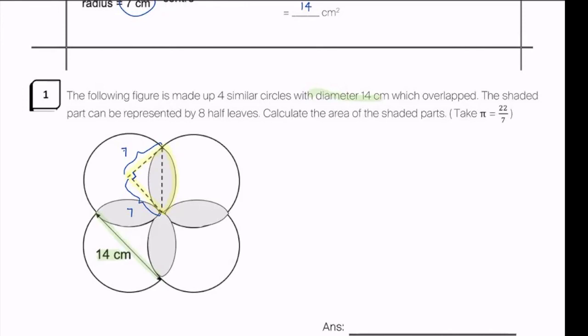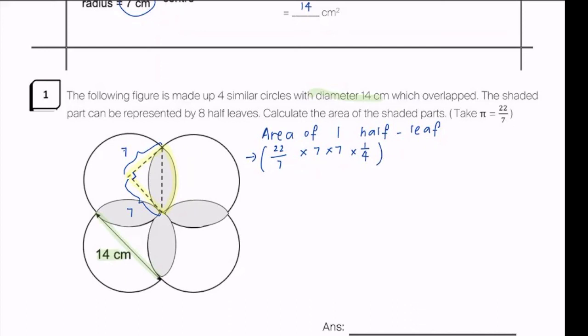So in this case, how will I find the area of half a leaf? The formula as stated in the worked example is the area of the quadrant, so pi times 7 times 7 because that is your radius, and then times 1/4, because this is not one circle but 1/4 of a circle. Thank you, JD, that's correct.